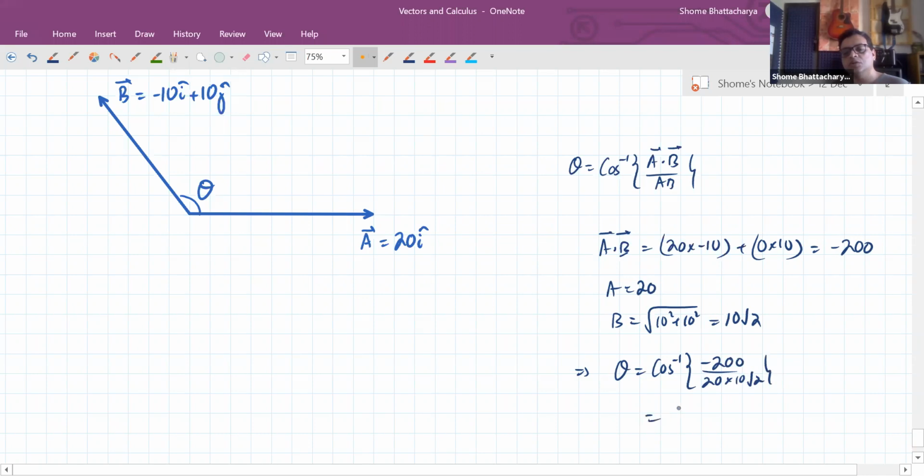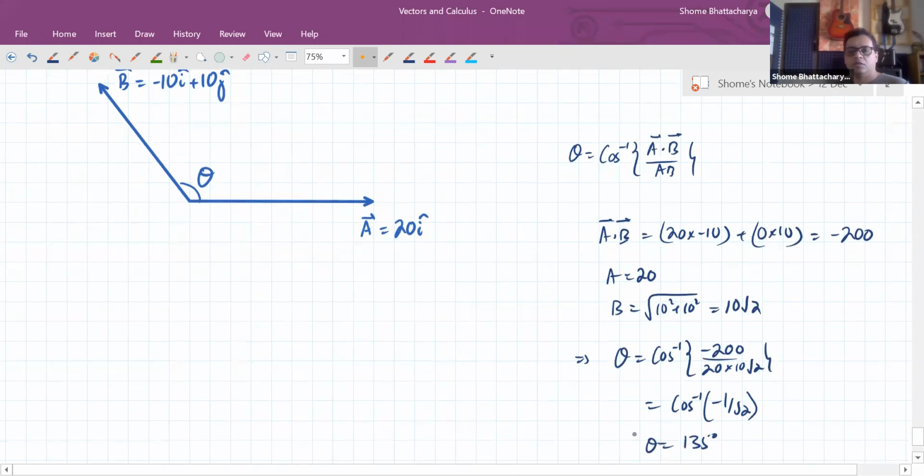So that is cos inverse of minus 1 by root 2, which will make it 135 degrees. So I know that theta is 135. So once again, I'm using that obtuse angle concept over here, that I know that cos 45 degrees is 1 by root 2.